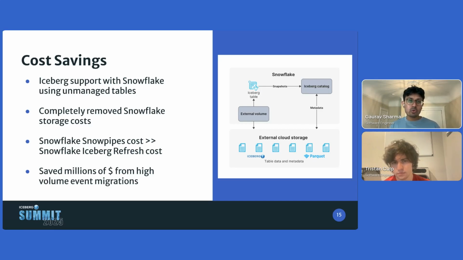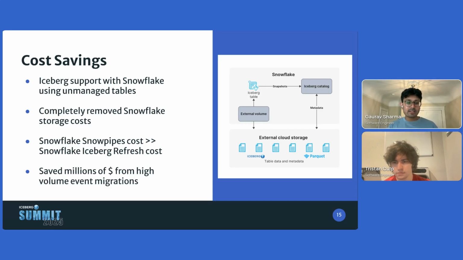And I would say the most expensive part of our original architecture was the cost of actually ingesting the data via Snowpipe, right? So that cost is removed as well. The only remaining cost from here is the cost to periodically sync the Iceberg table with the unmanaged table.